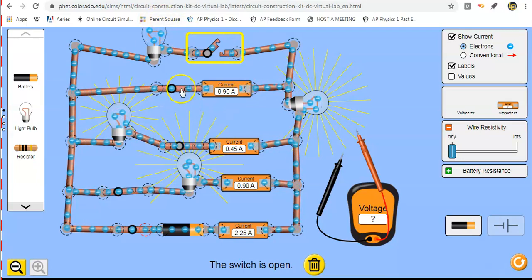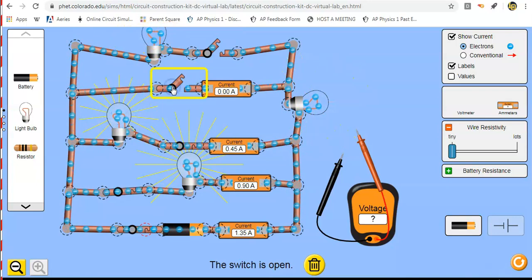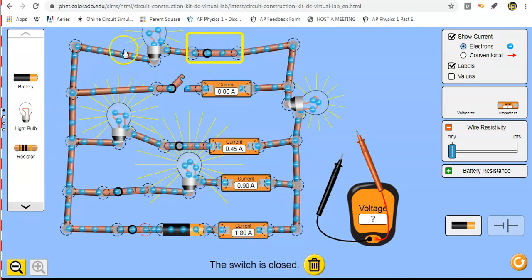But what if I were to open this switch and not let the electrons go through there? They would have to go through this light bulb, they would have to go through this light bulb as well. Okay? So when I open this switch, they can't flow at all, but when I close this one, now they're going this way. See it?